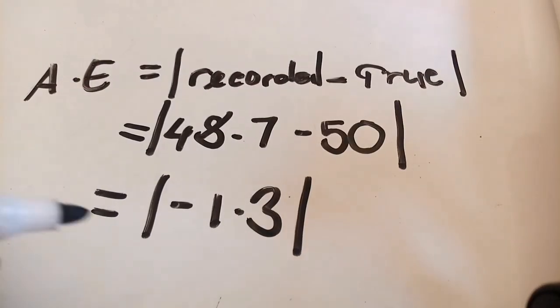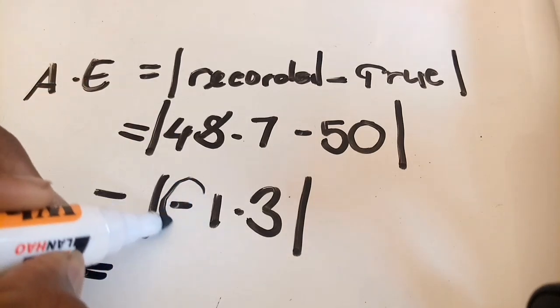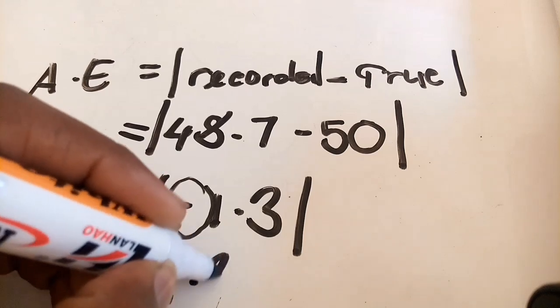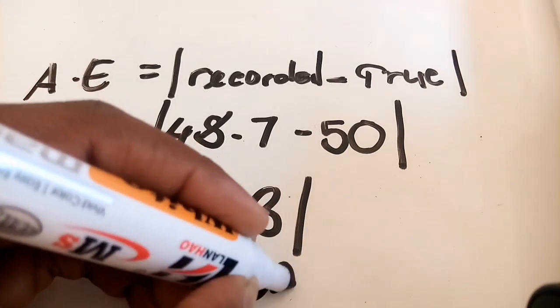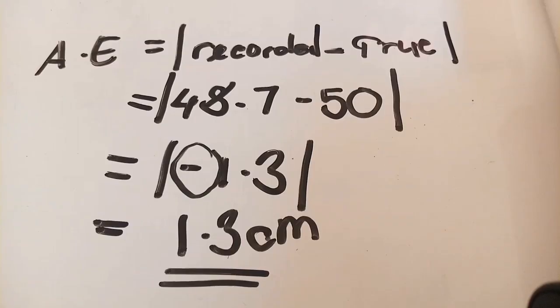The purpose of the modulus bars is to turn this negative into a positive. Therefore, the absolute error is 1.3 centimeters. That is one way to find absolute error if we're given two measurements.